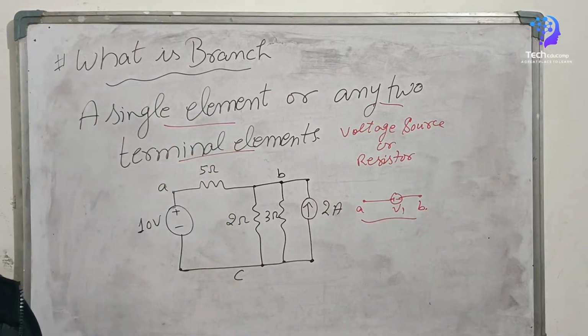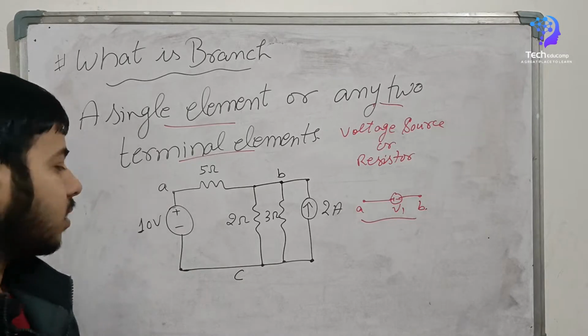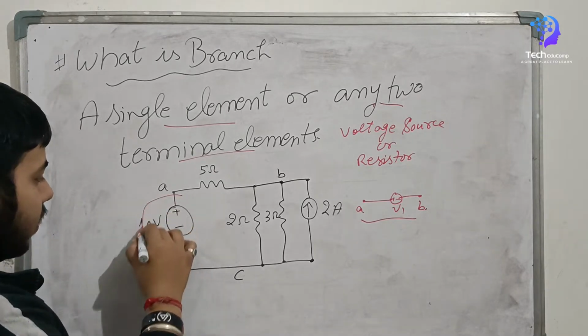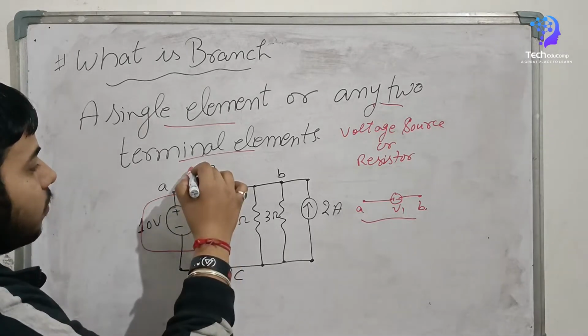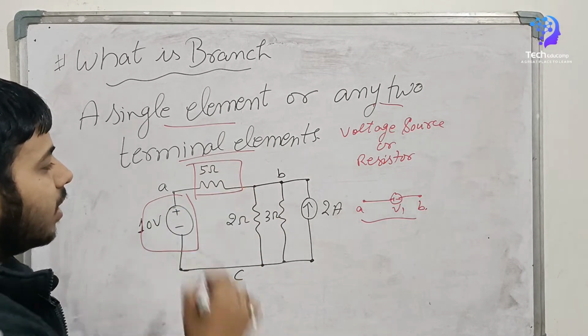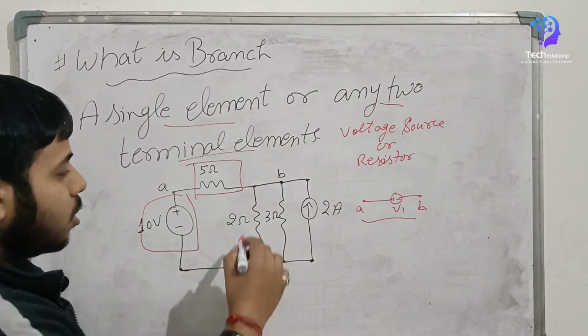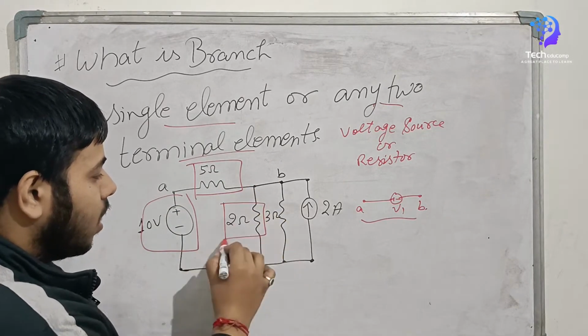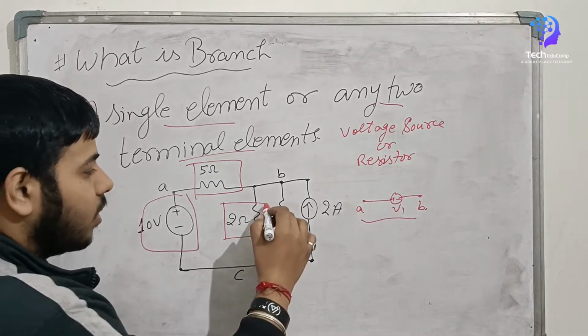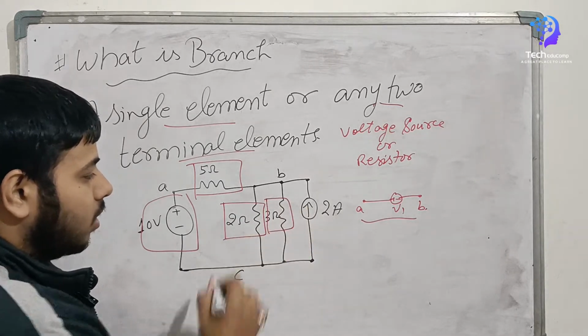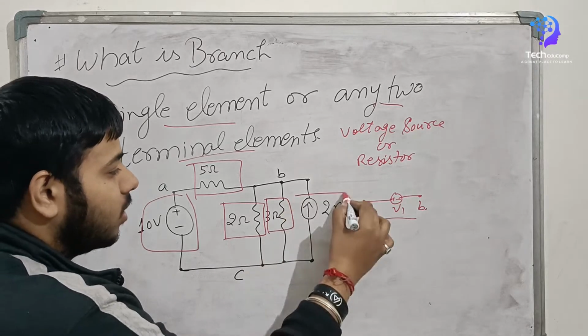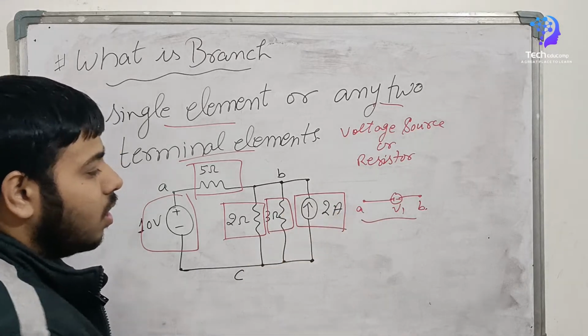In the given circuit, there are five branches, namely the 10 volt voltage source, the second branch is a 5 ohm resistor, the third branch is a 2 ohm resistor, the fourth branch is a 3 ohm resistor, and the fifth branch is a 2 ampere current source.